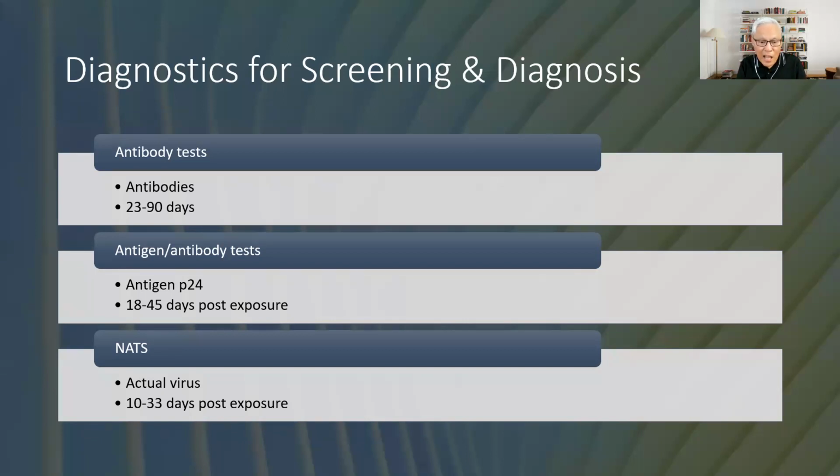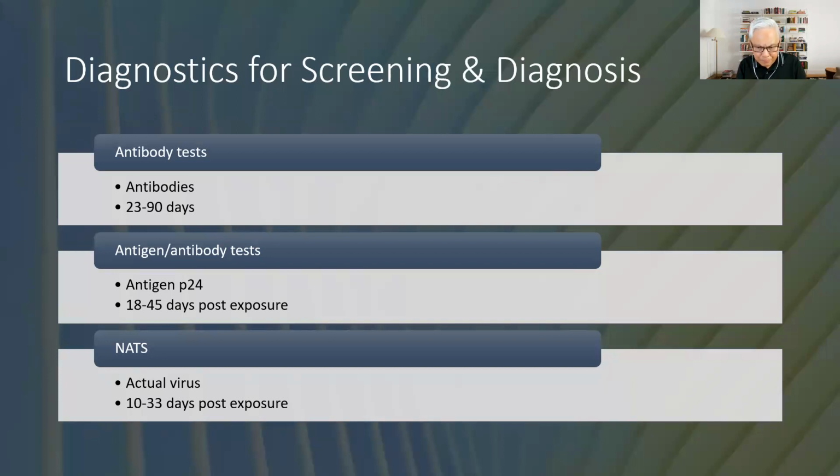So if a person has HIV, an antigen called P24 is produced before the antibodies develop. So this is going to be the thing that we're looking for, the antigen P24.